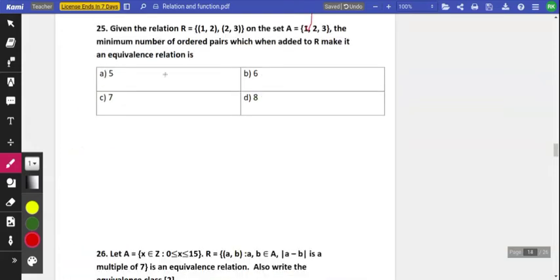In this question, you have to find the minimum number of ordered pairs we add to the given relation to make it an equivalence relation.